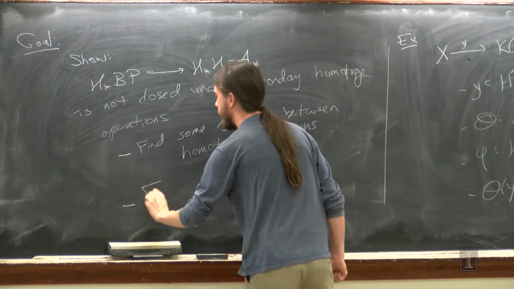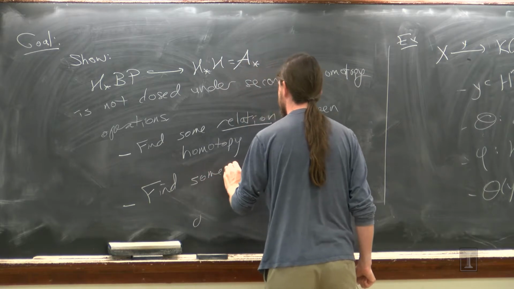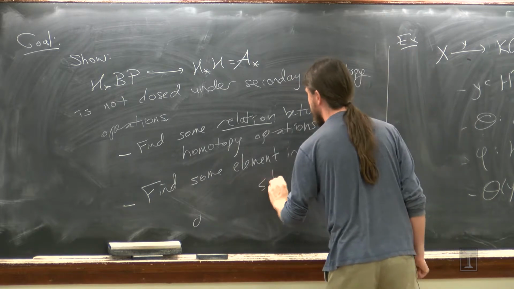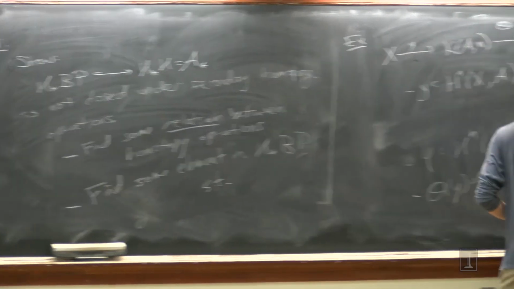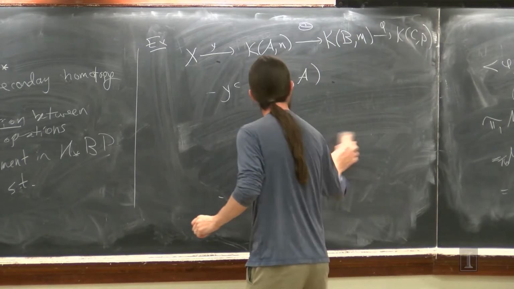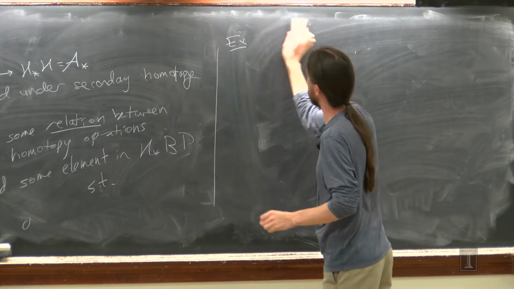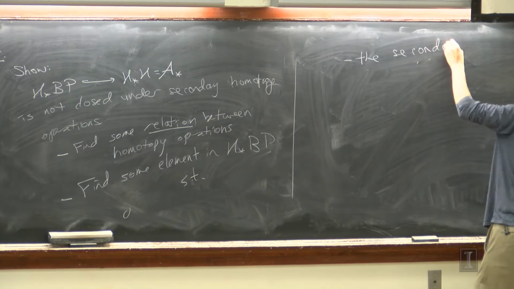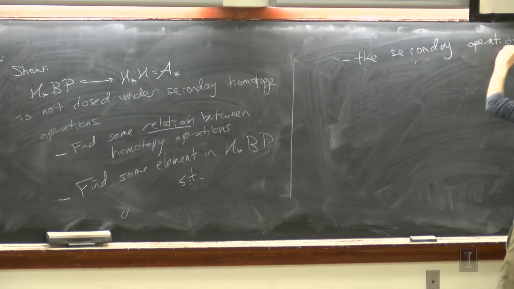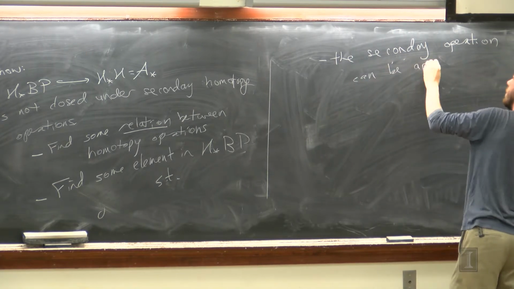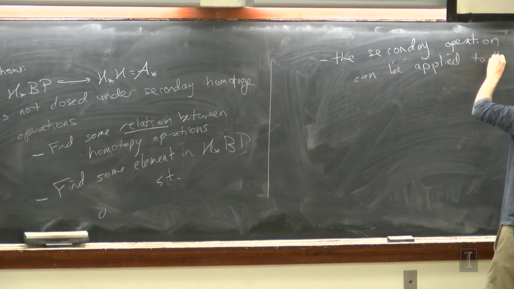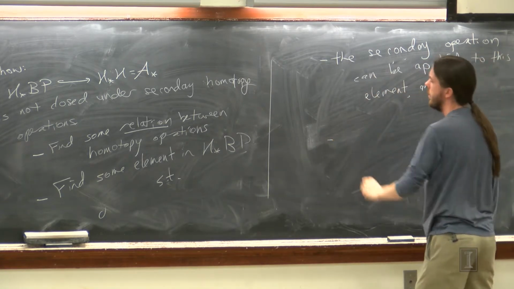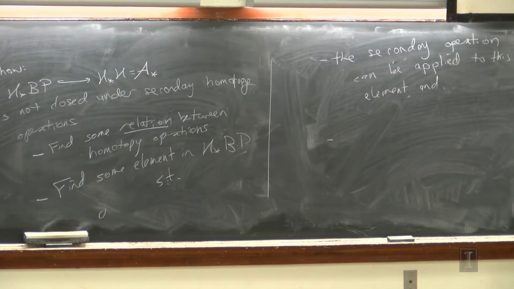And second of all, we need to find some element in H star BP such that, first of all, the secondary operation can actually be applied to this element, and secondly, that we can calculate what the secondary operation does to this element.